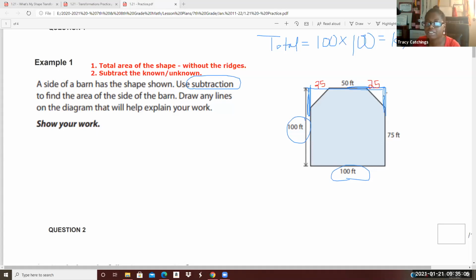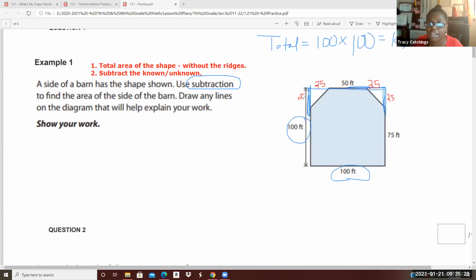All right, now look at the other way. It was 100 altogether and then 75. So that missing piece would be how much? 25. Good job. So that means it will also be 25 on the other side.